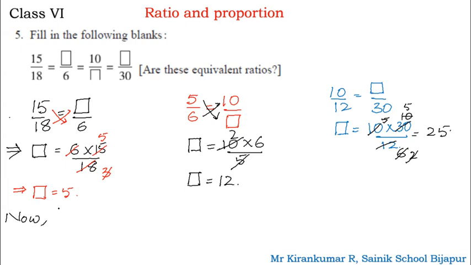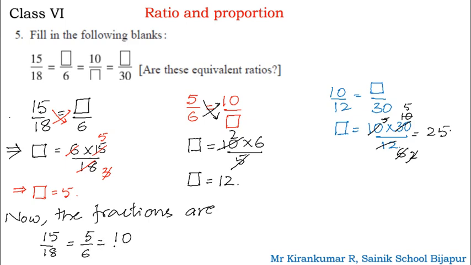Now the fractions are 15 by 18 is equal to 5 by 6, which is equal to 10 by 12, which is equal to 25 by 30.